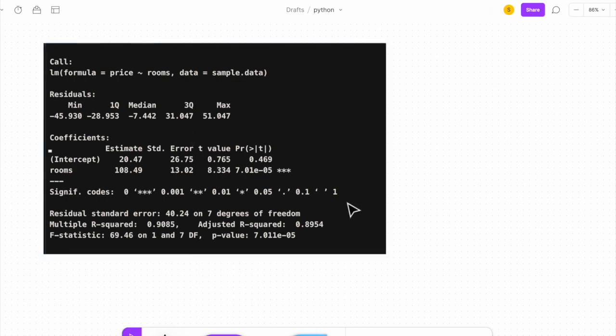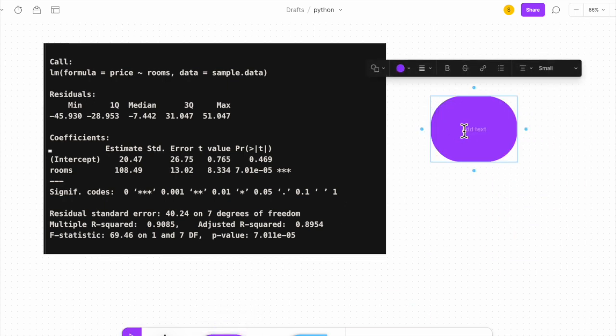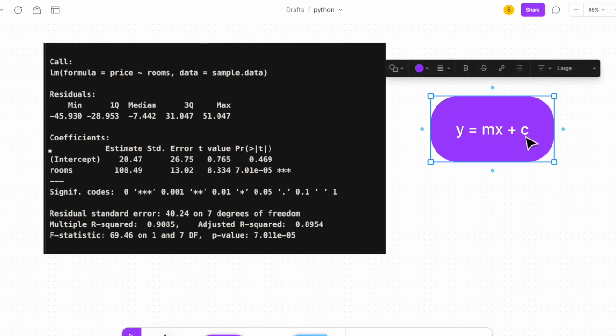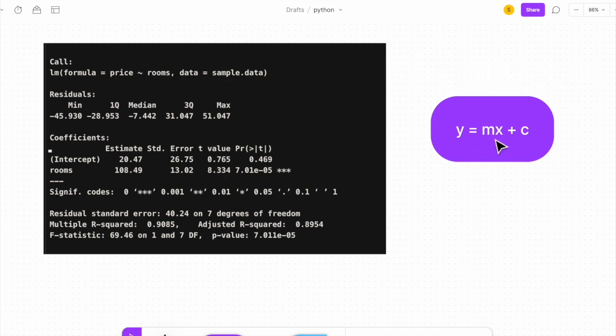Now, as we talked about earlier, in linear regression, what we try to do is figure out the equation of a straight line, which is y equal to mx plus c, where c is the intercept, m is the slope, y is what we are trying to figure out, and x is the factor which is influencing the y. So if we have to understand this equation with the result we got using our linear regression model, this is how we decipher it.